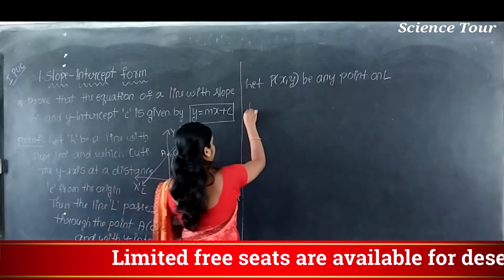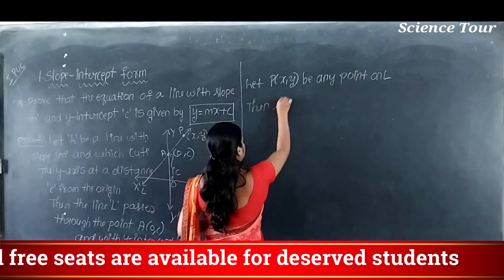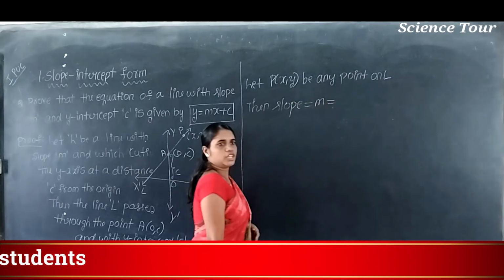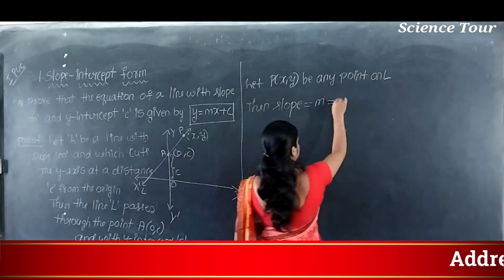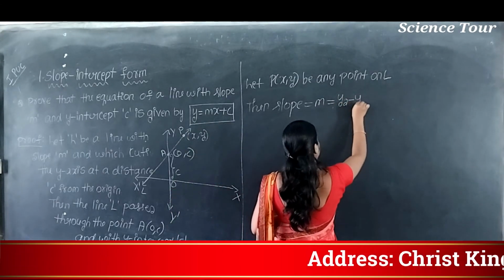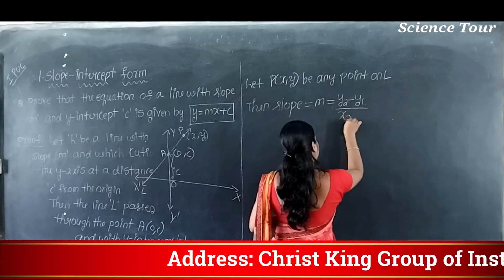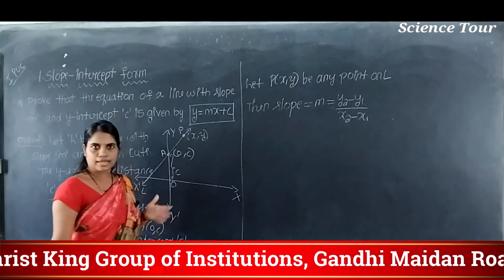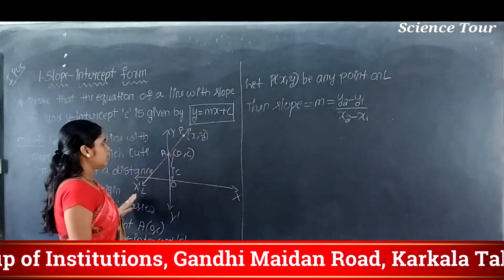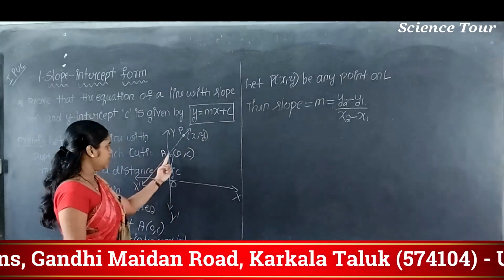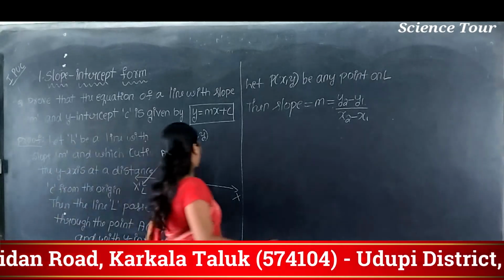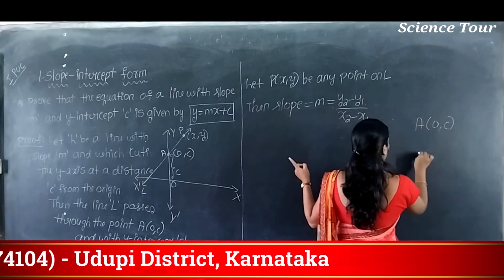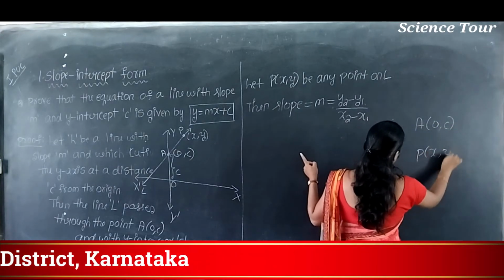So slope is nothing but m. What is the formula we'll use to calculate slope? That is given by (y2 minus y1) by (x2 minus x1). By this formula we can calculate the slope of that line, isn't it? But here your line is passing through which 2 points? A as well as P. Point A is 0, c, and the other point P is x, y.